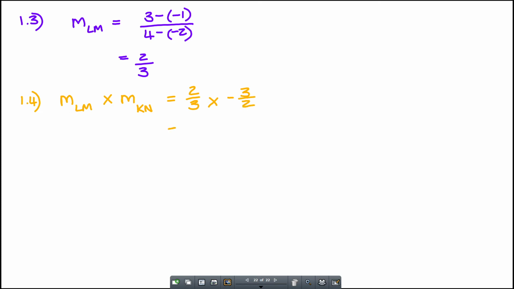So if I multiply those two, it gives me minus 1. Nou wat weet ons? As ek die produk kry van twee gradiënte, and the answer is minus 1, it means that they're perpendicular to each other. So therefore, Kn is perpendicular to LM. Dus is Kn die middelloodlyn.